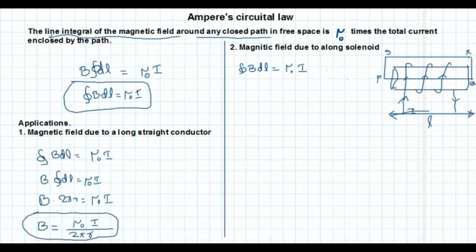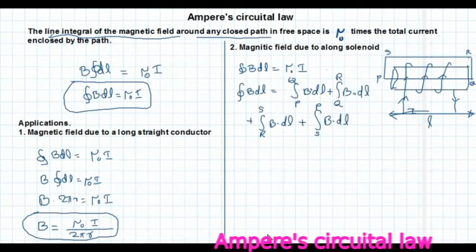So this closed integral B dl can be decomposed into four different sections.